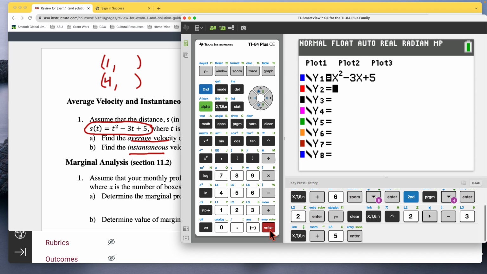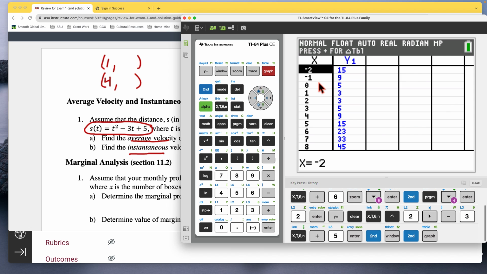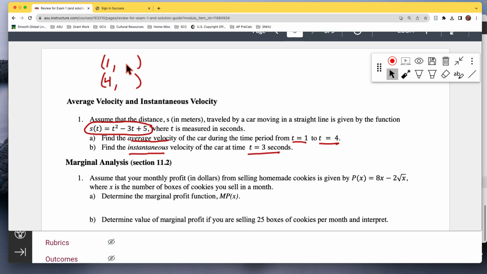It will actually take the derivative for us for instantaneous rate of change. But what I want to do is find the y values for 1 and 4. So I go to my table, and actually I'll go to table set first. It's starting at -2, that's okay. It's changing by 1, it's on auto, that's good. So I'll go second table, and when x is 1, y is 3. And when x is 4, y is 9. So 3 and 9. Come back here.